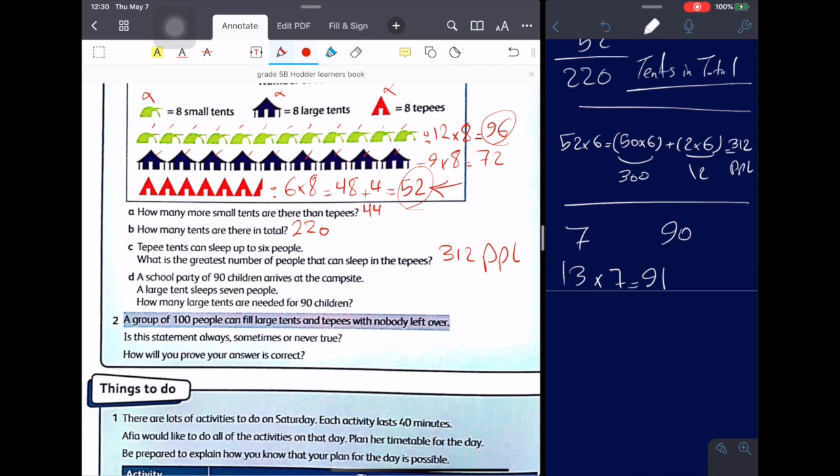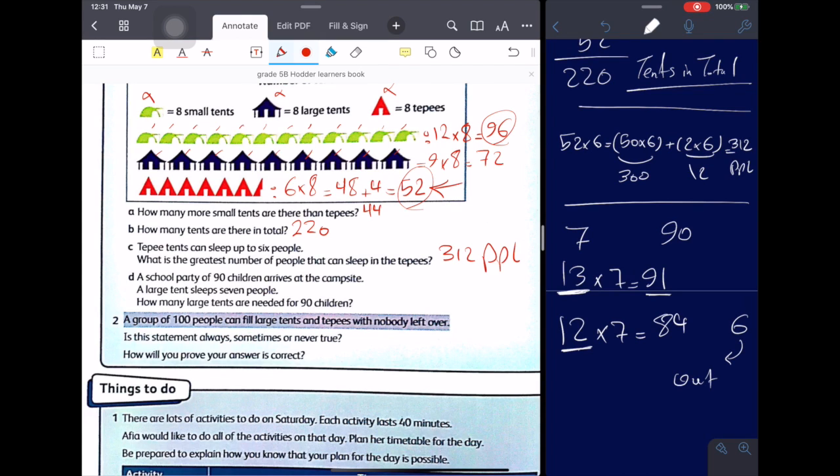So we could say that 13 tents can hold up to 91 people, and 12 tents can hold up to 84 people. So 12 is not enough, because in this case we are going to have 6 people out.